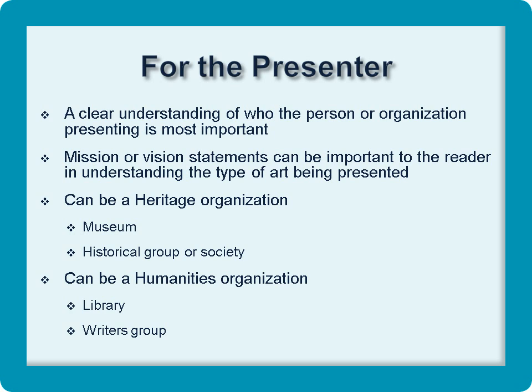A presenter can be a heritage organization, such as a museum or historical group or society, or a presenter can also be a humanities organization, such as a library or writers group.